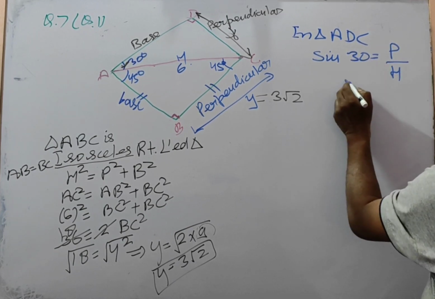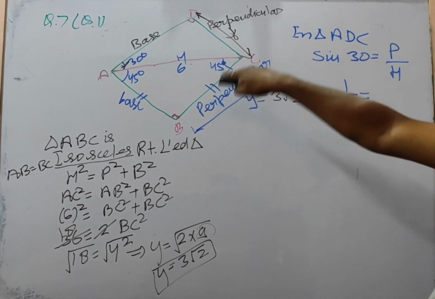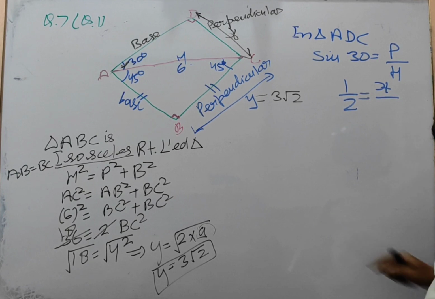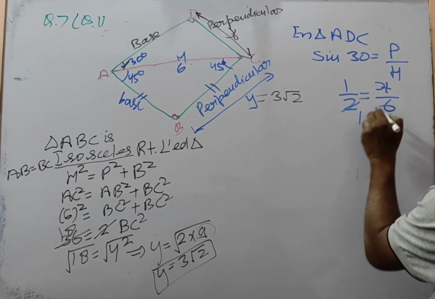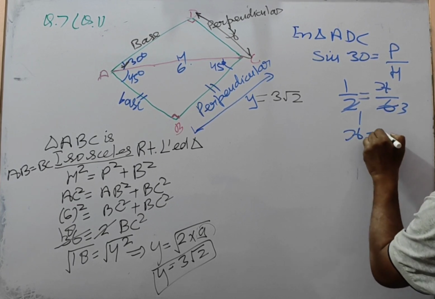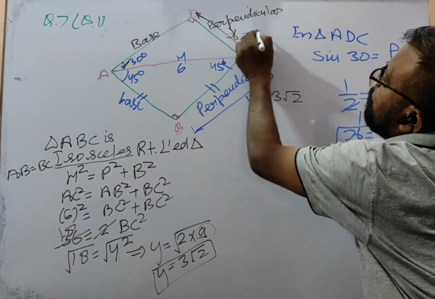Sine 30 is 1 by 2, which is equal to perpendicular x upon hypotenuse 6, right? So 2 1s are 2, 2 3s are 6. So x is equal to 3.